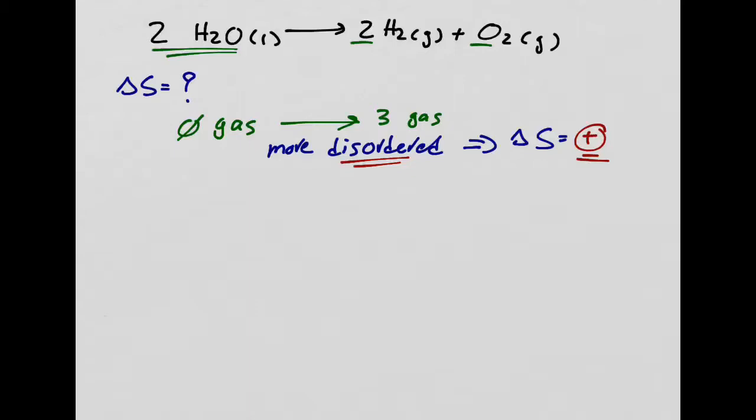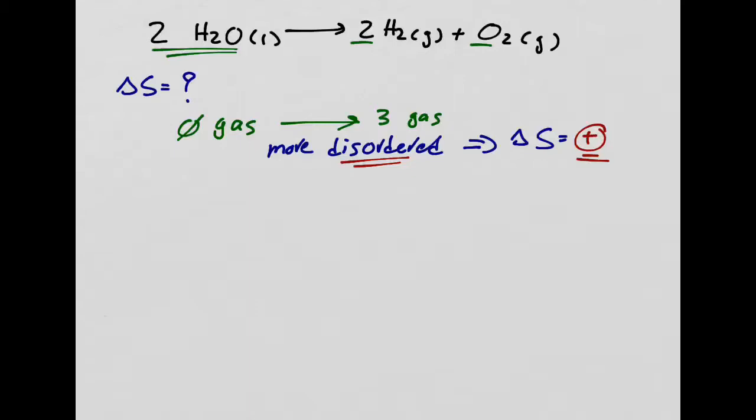You got more gases, or you got fewer moles of the gases. And you can also look up the S value, the entropy value, and actually do the calculation and then figure it out. So far, so good.